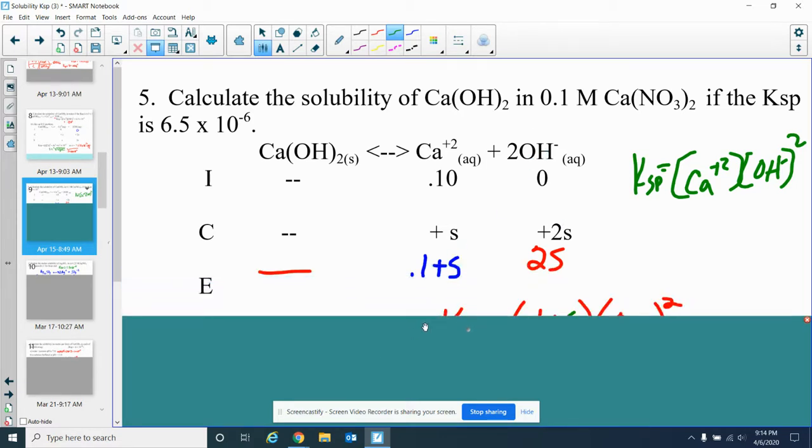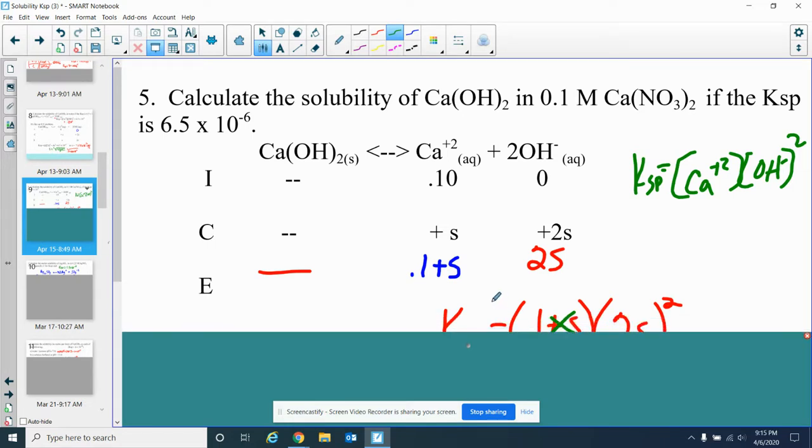And so then at equilibrium, it'll be 0.1 plus S for the calcium and 2S for the hydroxide. When we set up the KSP expression, there's one calcium in calcium hydroxide and there's two OHs. So it'll be KSP equals the concentration of calcium times the OH minus concentration squared.